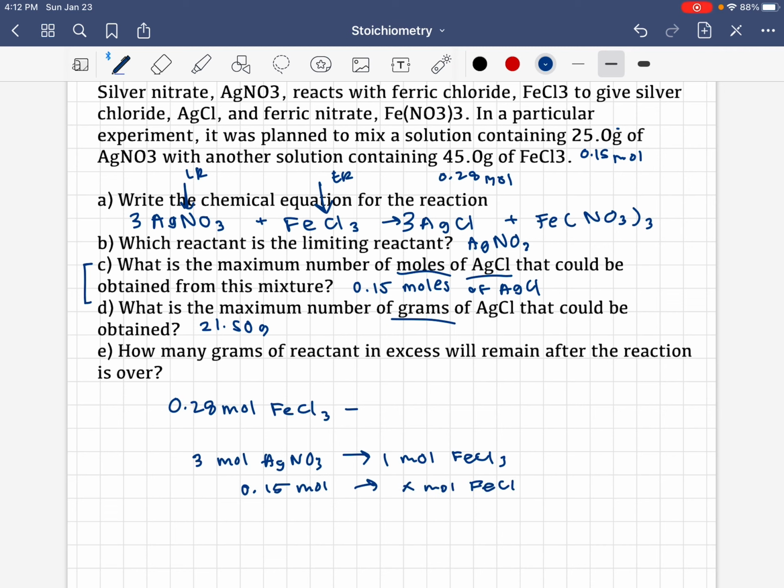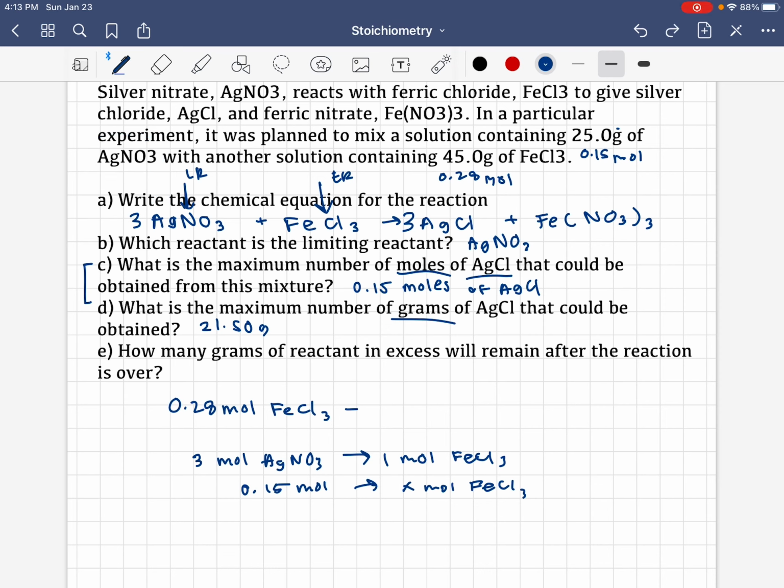What I am doing here is looking at the ratio. We know 3 moles of this requires 1 mole of this to react. And what they gave us is 0.15 moles of this, right? So how much of this do we need?